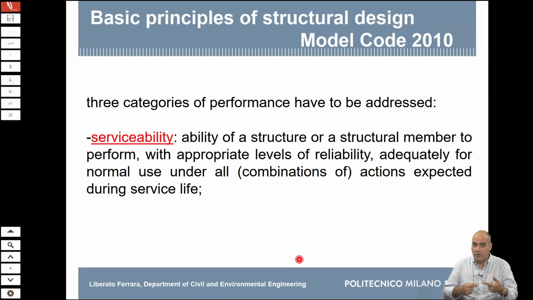So if you increase the compressive stress, the concrete will creep even more and you exaggerate these deformations. And if you have cracks, if your structure is indoor, there might be no problem. But if your structure is exposed, there are issues of durability. These are all issues that you have to consider in the serviceability limit states when you design a structure.